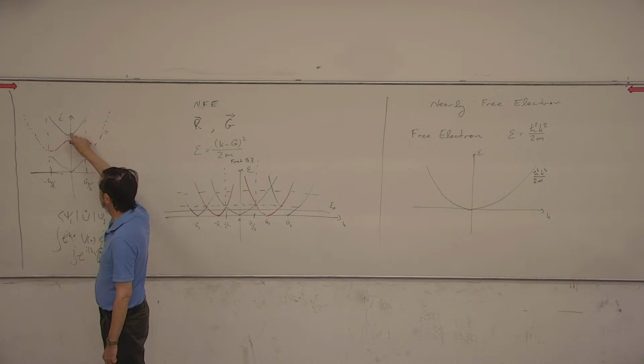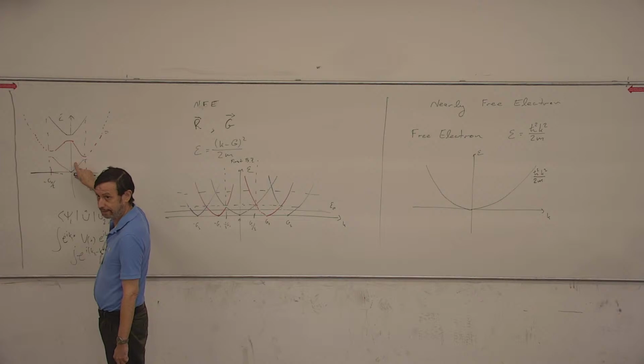So these points become gaps, and I have an allowed band.